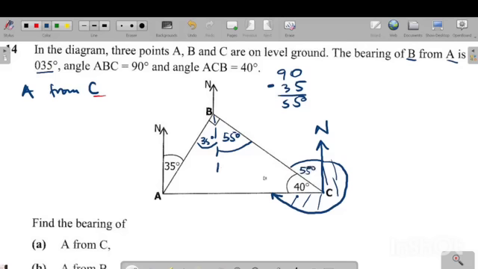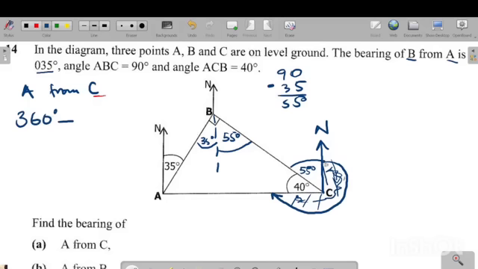All right. Now that we have found what this angle is, for us to find this bearing here, we are going to say 360, which is the full turn. So we say 360 degrees, which is a full turn from here going round like this up to here back.